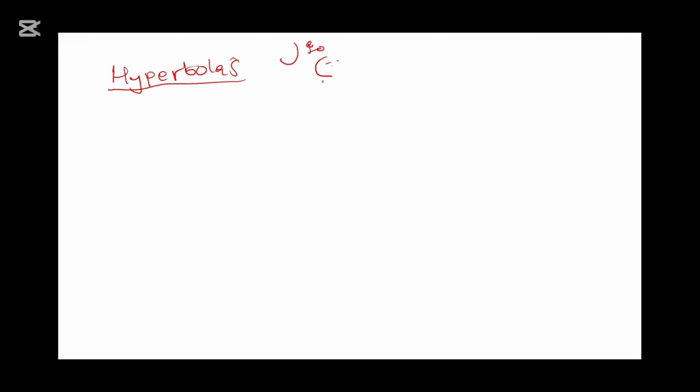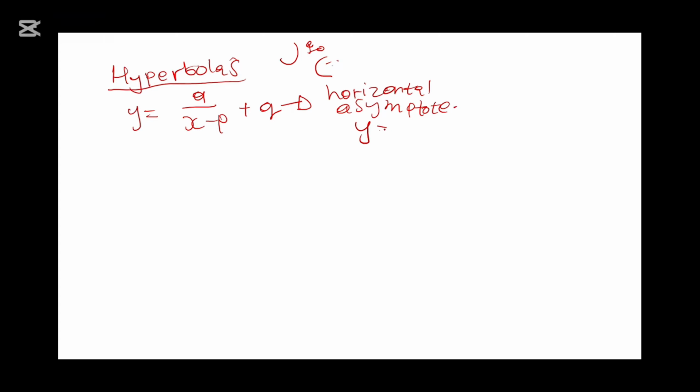So the hyperbola is a graph that has two asymptotes, where the general formula is y equals a over x minus p plus q. Our q is our horizontal asymptote, meaning that y is equal to q.